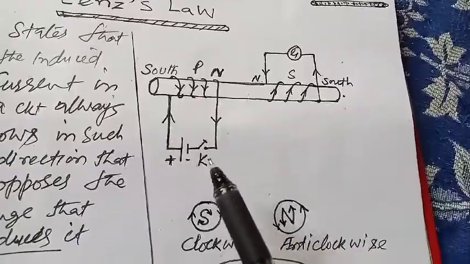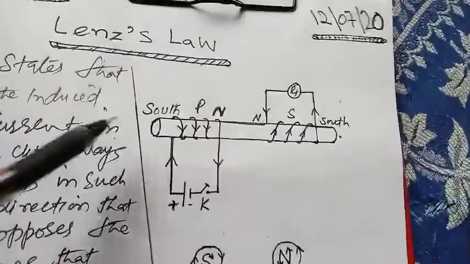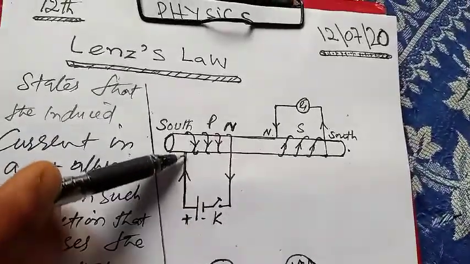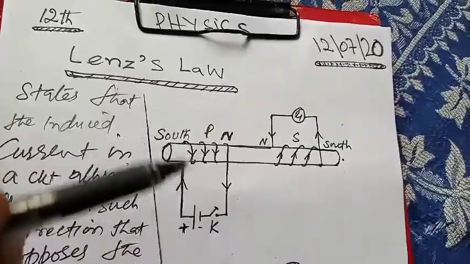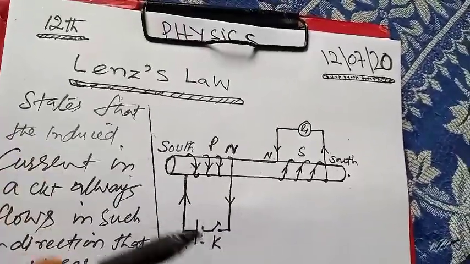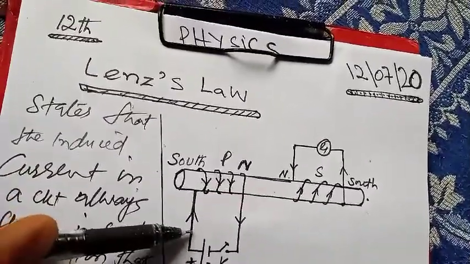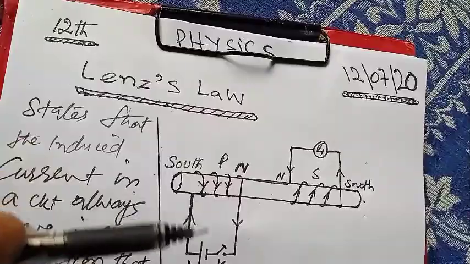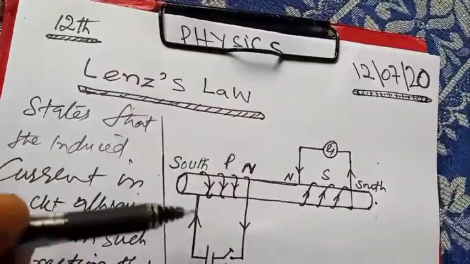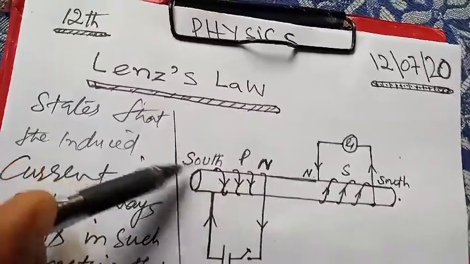When the key is pressed, current flows through the coil. See here, the current flows through the coil clockwise, if we see it from the left side.